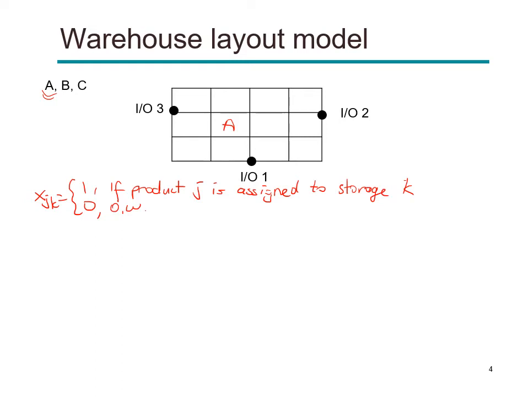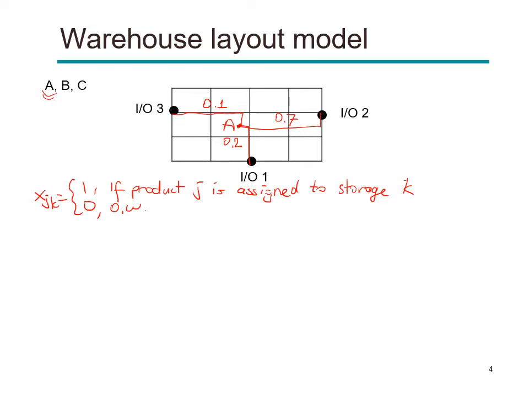Then we are given this p_i value. We know this distance, the distance to here, the distance to here, and the distance to here. We all know these distances. And also we know the percentages. So with this input-output door 1, the percentage is 0.2. With this one, the percentage is 0.7. And with this one, the percentage is 0.1.